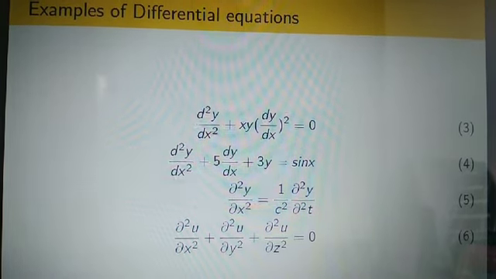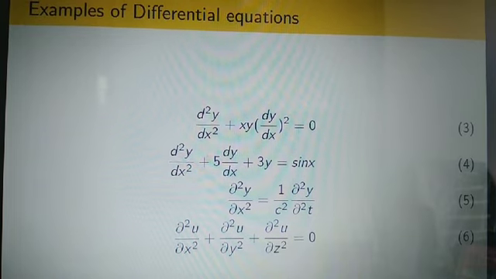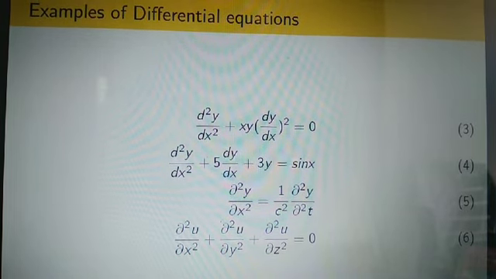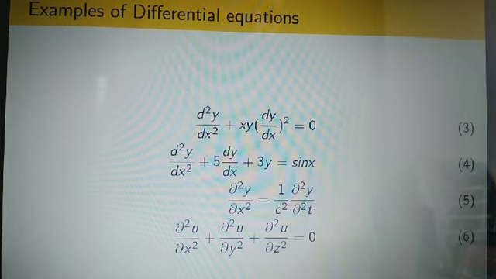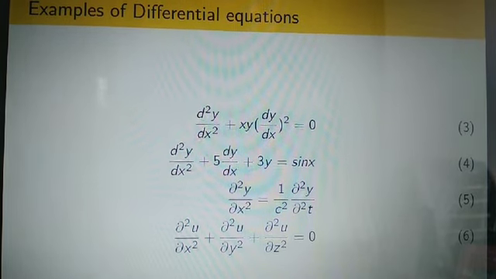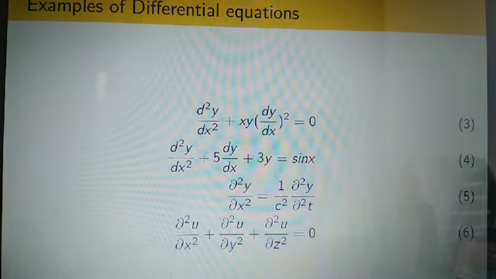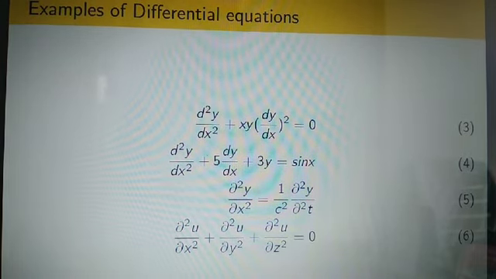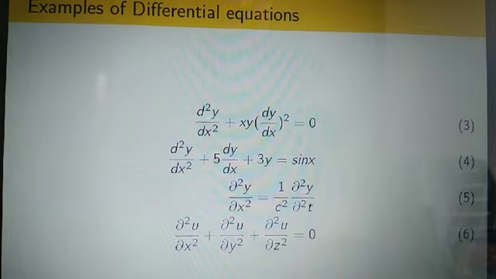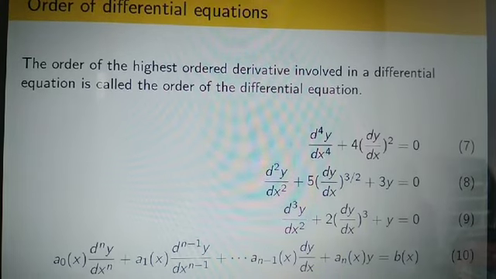These are all partial differentiation, so we can say that this is a partial differential equation, and it is a very famous one. This is called the Laplace equation.